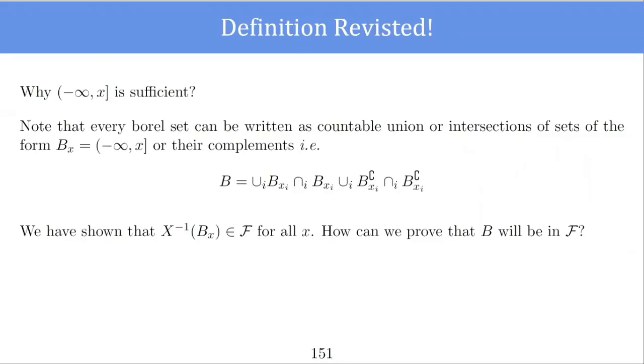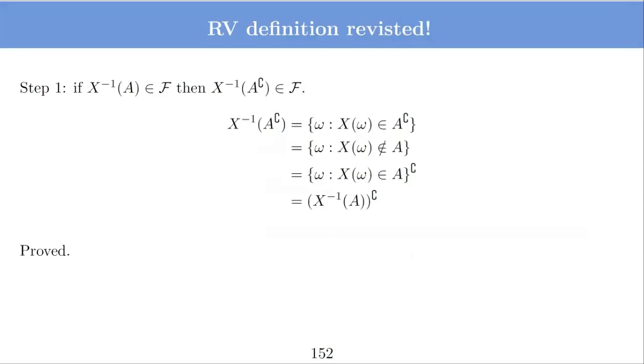Okay, we have to prove that for every Borel set B, the X inverse of B should be in F. And what we have proved is that for every possible x, the pre-image of the sets in the form Bx are in F. So two important results will be useful here to prove this.